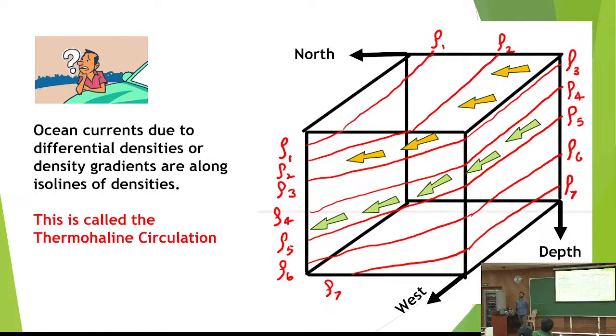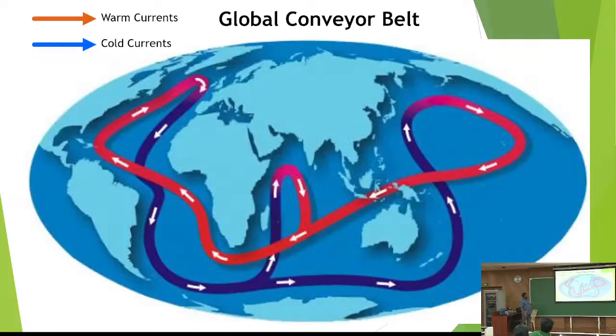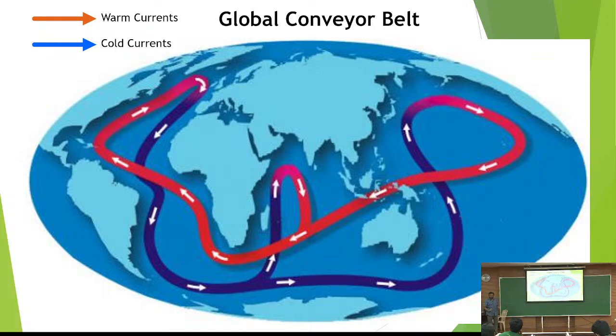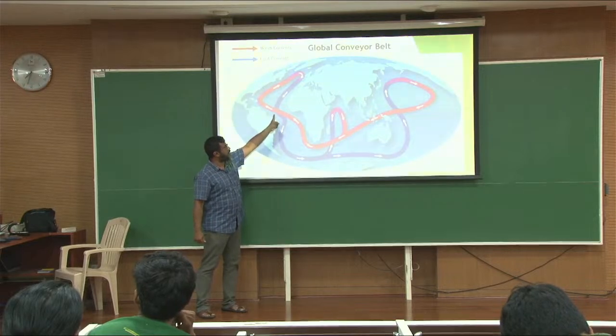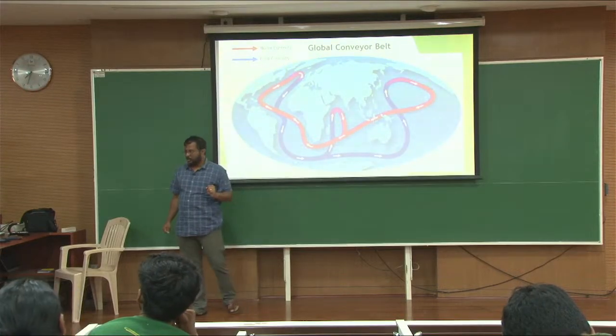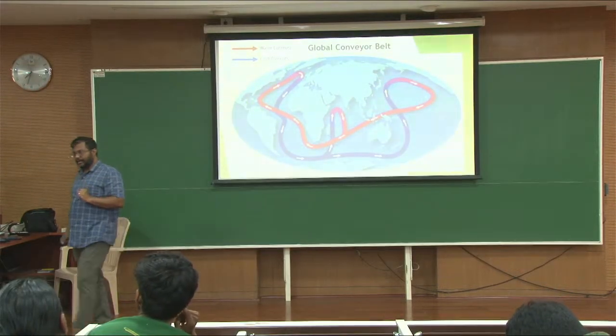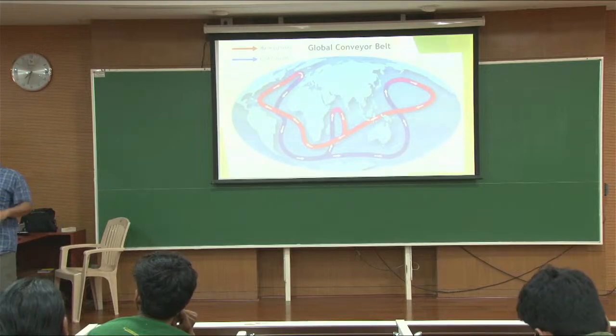So, this circulation is called thermohaline circulation. If you look at the global thermohaline circulation, this is what you get. You see, all the diving of the water happens at the cold northern latitudes, and once it dives, it travels south. So, when this diving happens, it was in contact with the atmosphere.